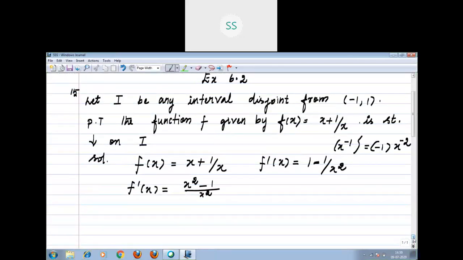Now you see what is given: I be any interval disjoint from minus 1, 1. That means x can be assigned from minus infinity to minus 2, after that 2 to infinity. Disjoint means that interval minus 1 to 1 should be vanished. f dash of x equal to x square minus 1 divided by x square.